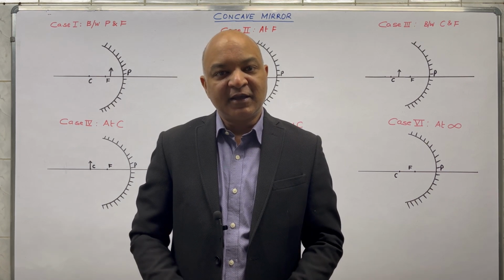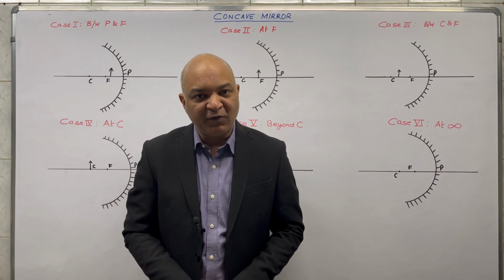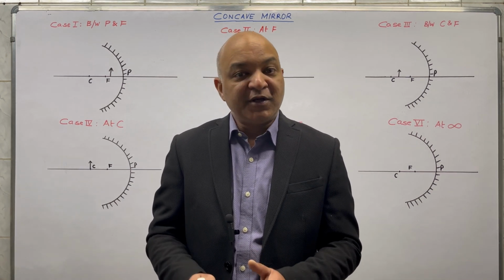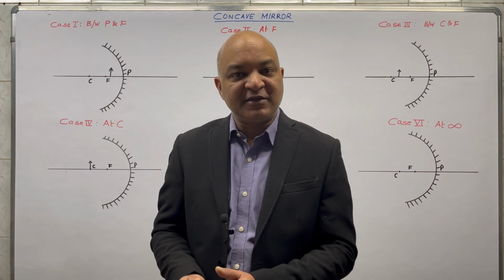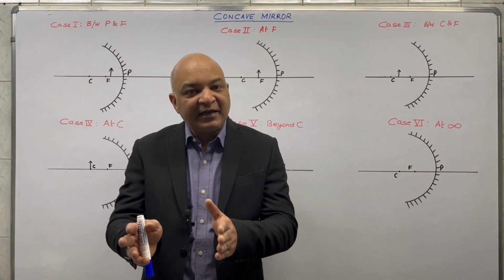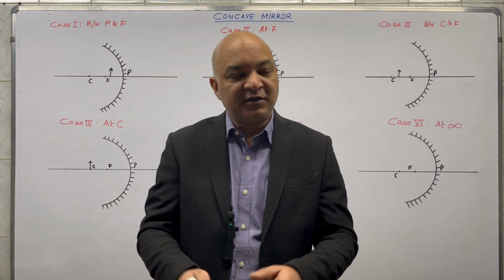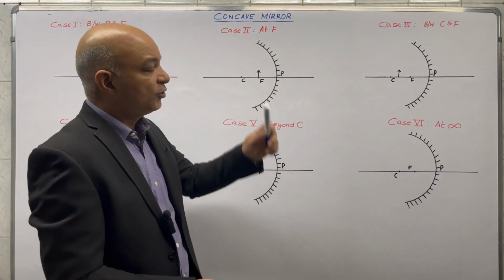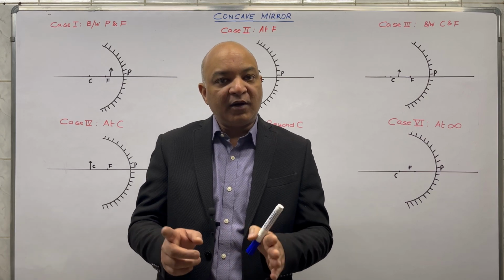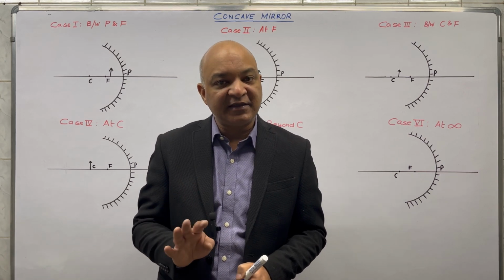In today's class, we are going to learn a very important topic of class 10th physics, that is formation of different types of images in case of spherical mirrors, that is concave and convex mirrors. So first of all, we are going to talk about concave mirror, and in this we are going to take six possible cases.